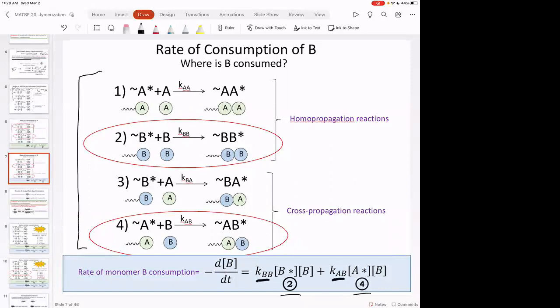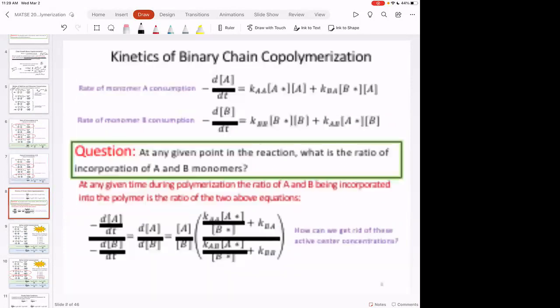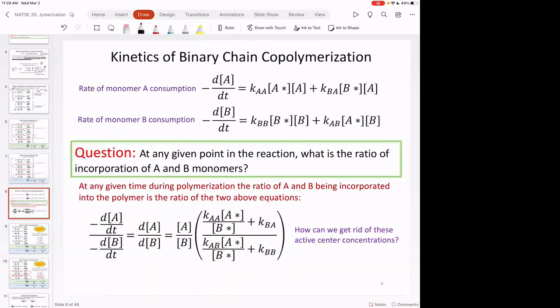Write down the reactions, analyze the rate constants, analyze the concentration of reactants, and you can't get it wrong. Okay. So we have those things. Oh, I'm pointing at the wrong thing. So we have our rate of monomer A consumption, or rate of polymerization of A, rate of polymerization of B.